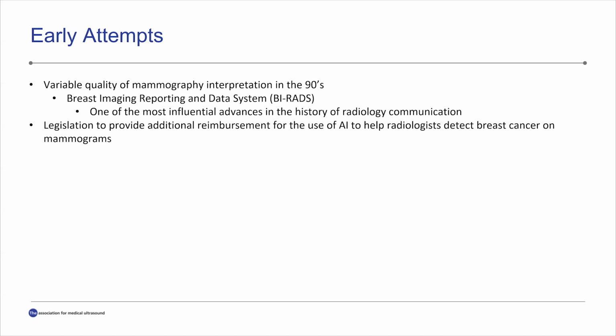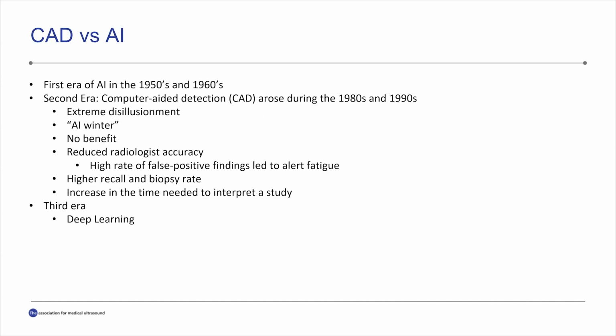So the Breast Imaging Reporting and Data System, also known as BI-RADS, was created, and became one of the most influential advances in the history of radiology communication, trying to standardize a lexicon and standardize a management path for us. It was so successful that legislation actually decided to provide reimbursement for radiologists who would use artificial intelligence to help detect breast cancer on mammograms using computer-aided detection systems.